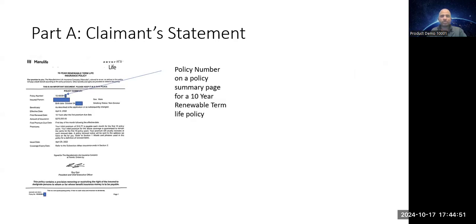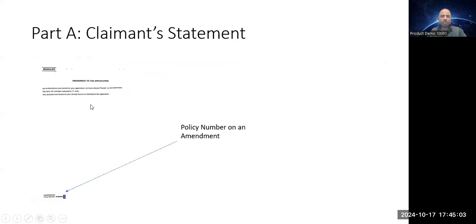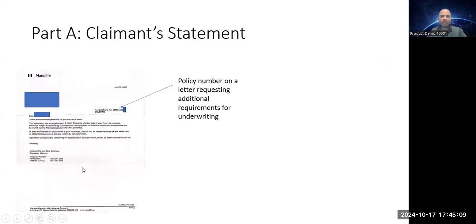So this is your policy summary page. As you can see, they've got your number right here at the top, along with the insured individual, his birthday, beneficiary, and so on. This is your policy amendment. Your policy number will be at the bottom of the page.